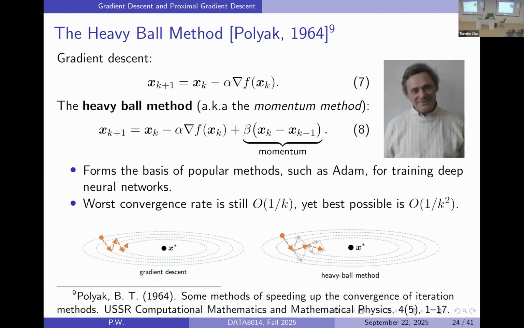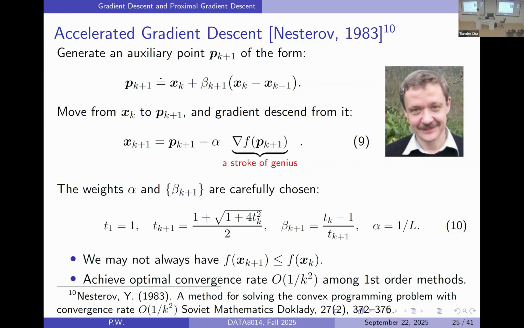You can see here in the heavy ball method, you compute the gradient at x_k. But in accelerated gradient descent, you compute the gradient at this auxiliary point, and also take the step not at x_k, but at p_{k+1}, the auxiliary point.